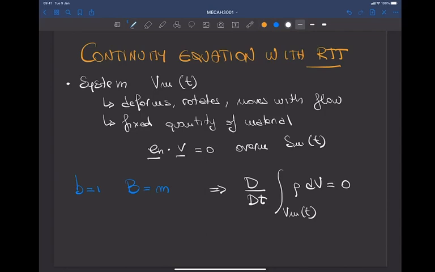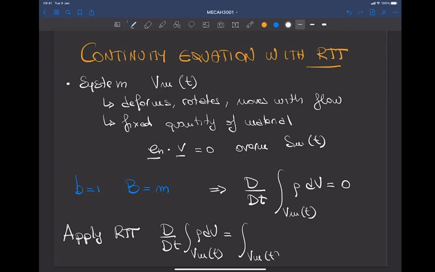But then what we have to do is simply apply the Reynolds transport theorem that we just derived. And so we know that applying the Reynolds transport theorem will give us that d over dt of the integral over Vm of rho dV is simply equal to what? To the volume integral of d rho over dt plus the divergence of rho v, times dV.